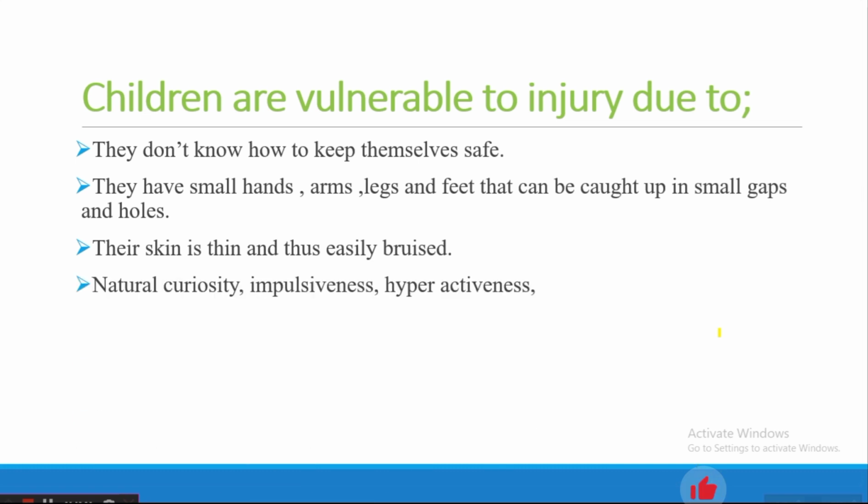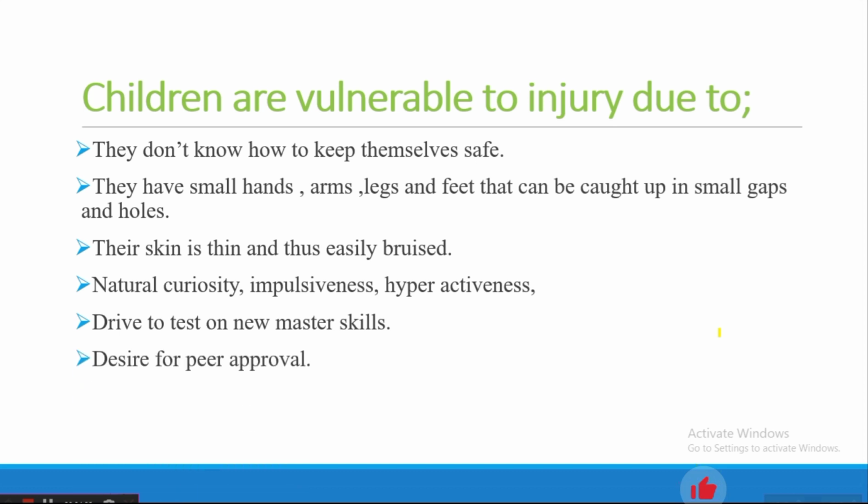Then they have natural curiosity, impulsiveness and hyperactiveness, which puts them into harm's way. And then you have the drive to test new mastered skills. If a child realizes now he can carry a cup, now he can carry a glass, he is tempted to continue carrying this glass and cup wherever he goes and hence ends up falling down in the process.